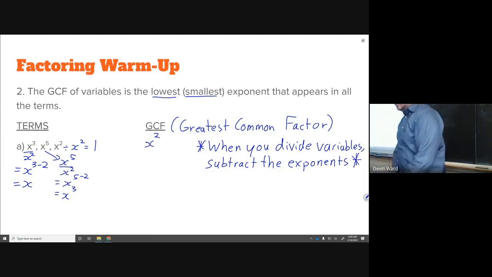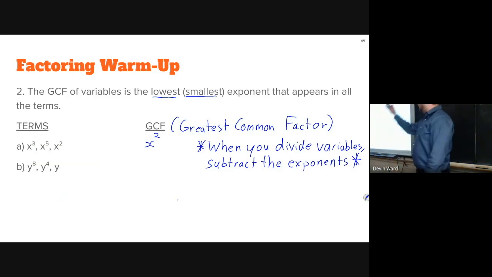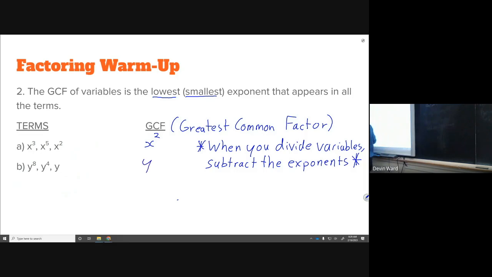Okay, so let's write that to the side here. If I have y to the power of 8, y to the power of 4, and just y on its own, perfect. Y is the lowest, because that's technically y to the power of just 1.